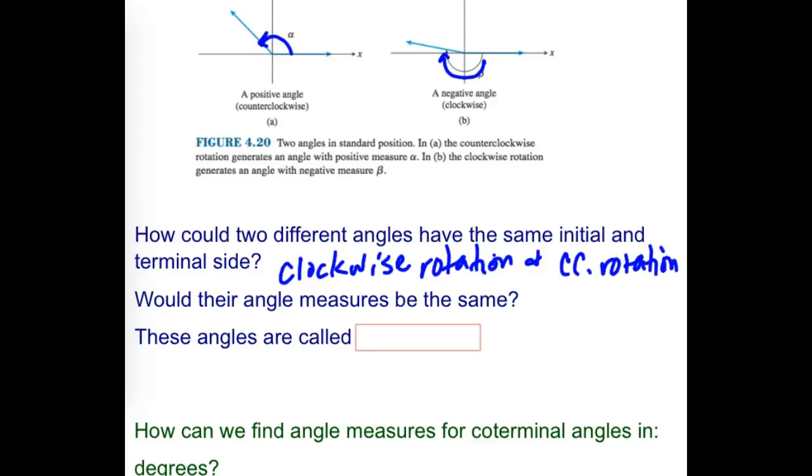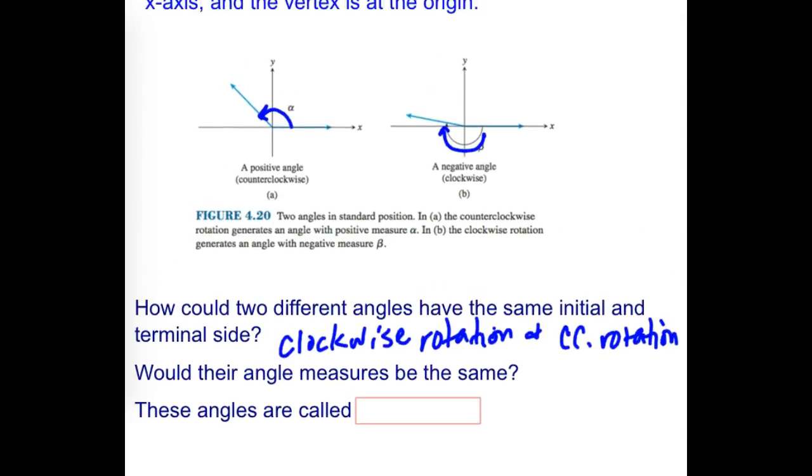Okay, so clockwise rotation and counterclockwise rotation. Would your angle measures be the same? Okay, so if we were at exactly 180 degrees, but one would be a positive 180, one would be a negative 180, so there's still technically two different measurements.